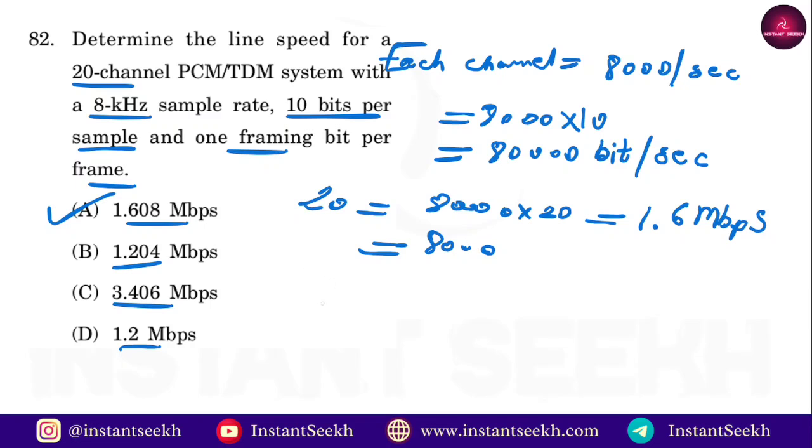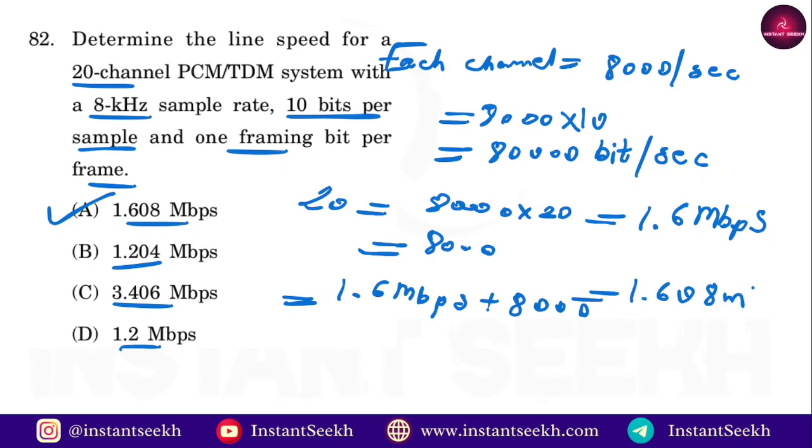If we add this to our speed, 1.6 Mbps plus 8,000 bits per second, then you will have your answer as 1.608 Mbps.